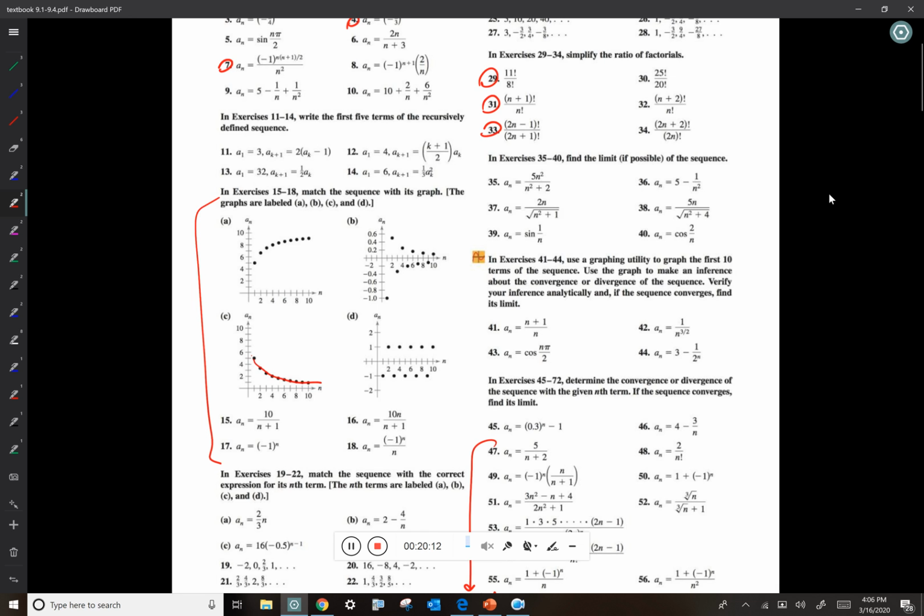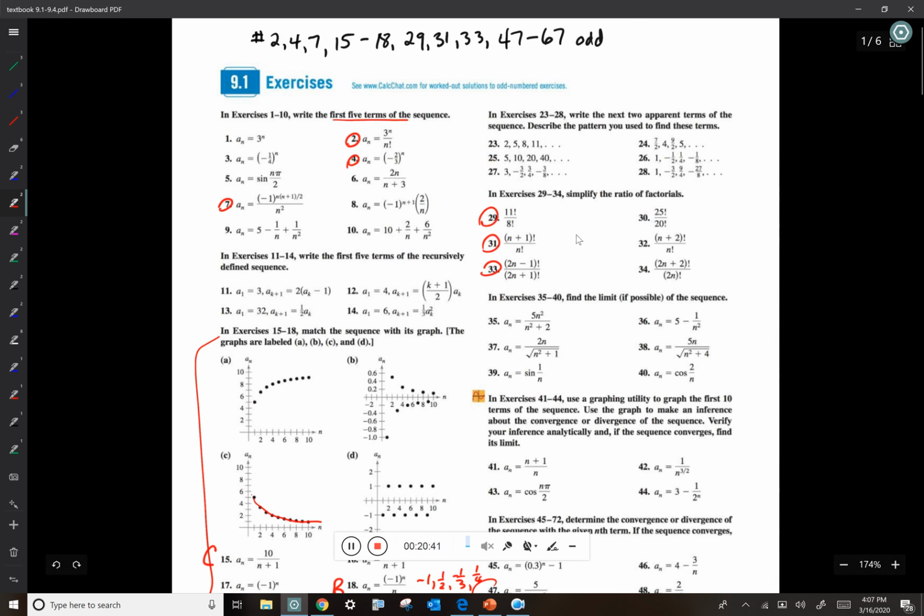If you look at number 18, isn't this one going to be negative 1, then positive 1/2, then negative 1/3, then positive 1/4? That's what we talked about for letter B. And we said number 15 would be letter C. So think through those, not just by elimination, but based on where it's leveling off.